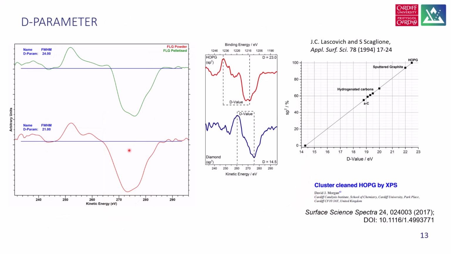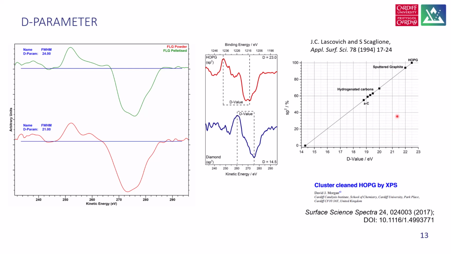One thing the paper didn't mention, and this is the Laskovich and Scaglione paper that I mentioned earlier on, is the powder versus the pelletized. The powder gives a D parameter of 21.